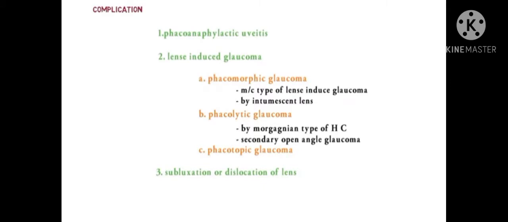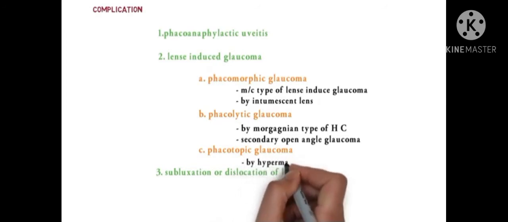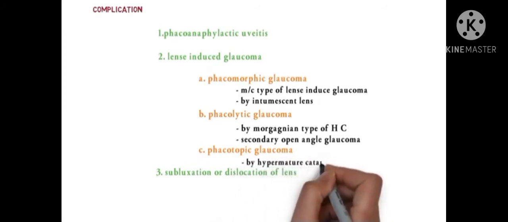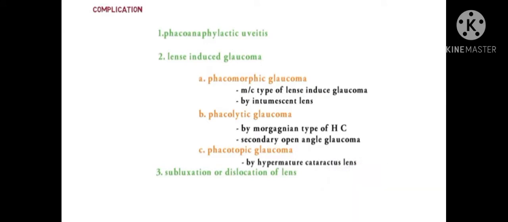That's why there is formation of secondary open angle glaucoma. And the third one is phacotopic glaucoma. It occurs with hypermature cataractous lens. So these are the complications: phacoanaphylactic uveitis, lens-induced glaucoma and subluxation or dislocation of lens.